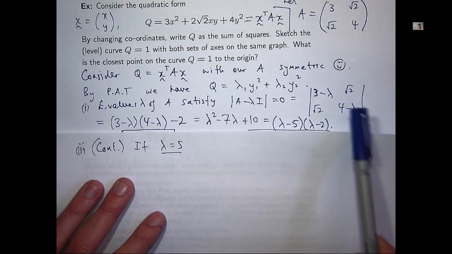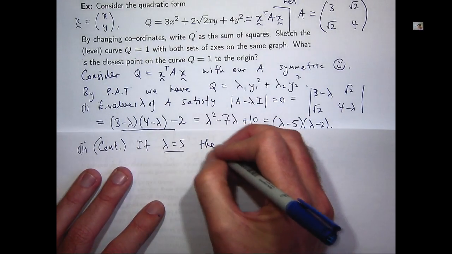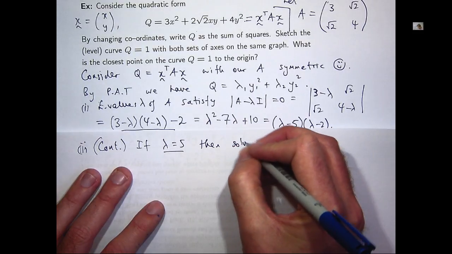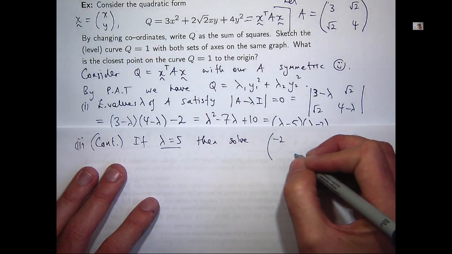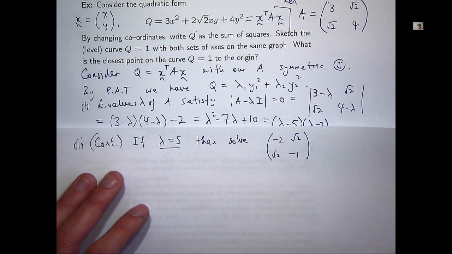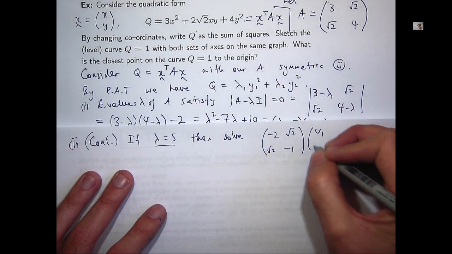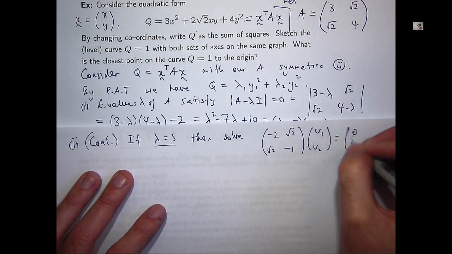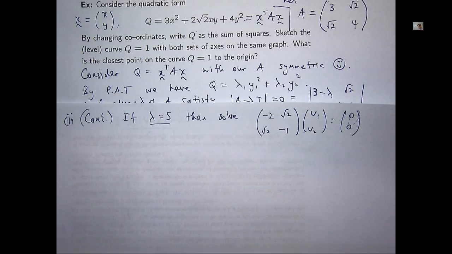Then I want to solve the following. So it's going to be something like minus 2, minus 1, root 2 and root 2. So I want to solve this for V1 and V2.